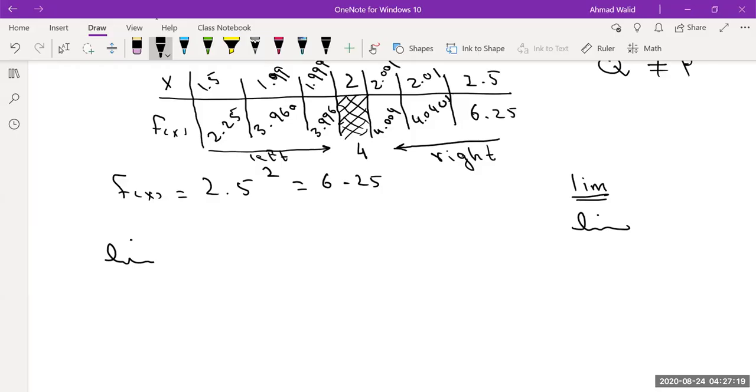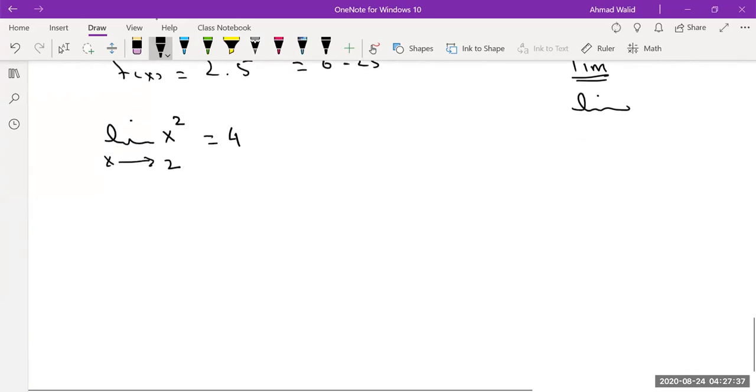The limit of x squared as x approaches 2 gives you what? Based on my estimation, it gives you 4. Correct? Let me show this example in a graph for you.